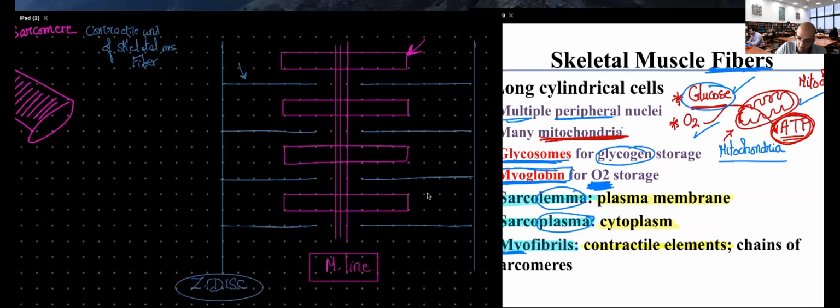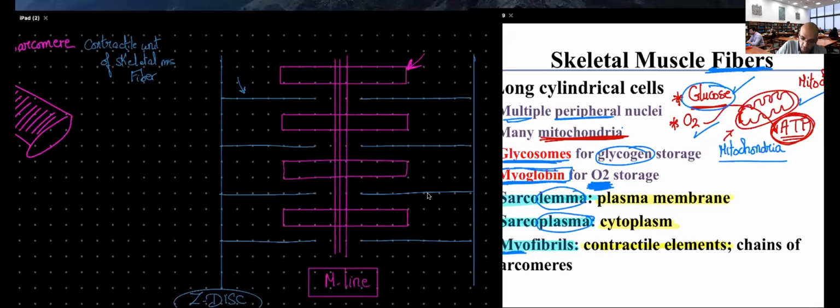By definition, what is the sarcomere? This is the distance between two successive Z discs.